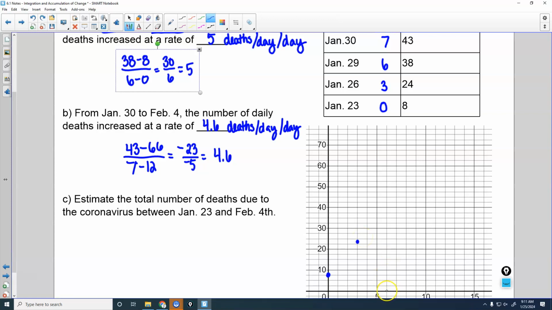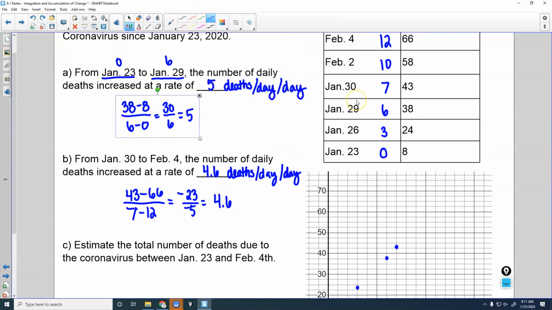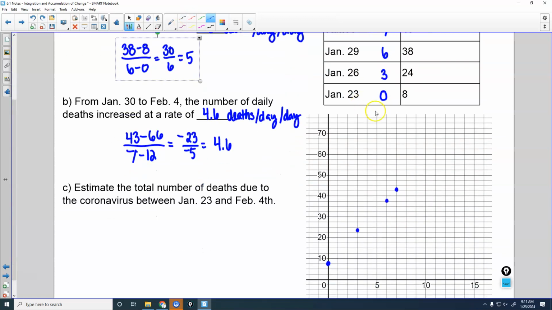At 6, we've got 38. I'm estimating here. 7, we've got 43. 8 is 58. 10, 58. And 12, 66.